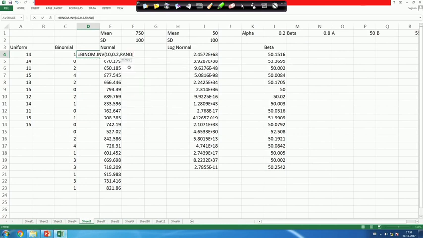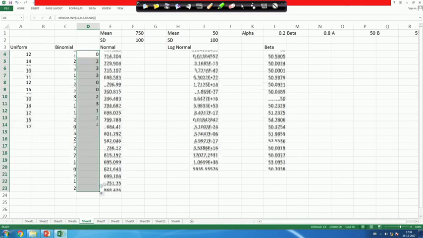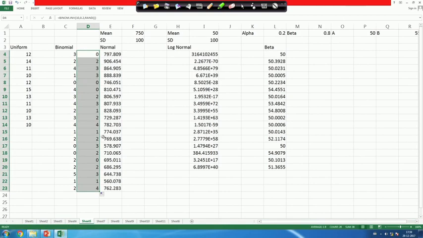Click here, close the bracket, and you will find the result. This gives you the structure of the binomial distribution. You just drag it, and it will be generated like this. This is the sampling distribution which follows the binomial distribution. We like to generate the values of a random variable here.